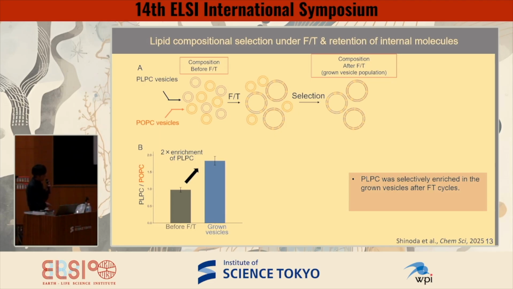To test this compositional-driven selection, we quantified the changes in lipid composition before and after freeze-thaw cycles. And what we found is that PLPC is selectively enriched in the grown vesicles after freeze-thaw cycles. So we've successfully demonstrated lipid compositional selection.